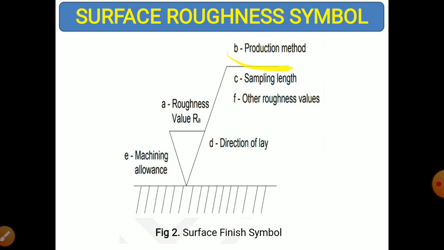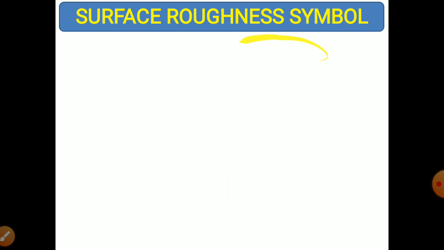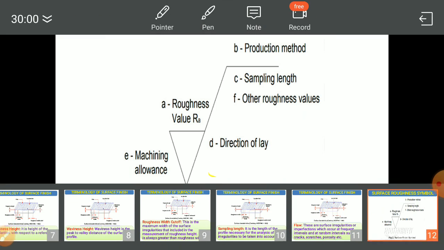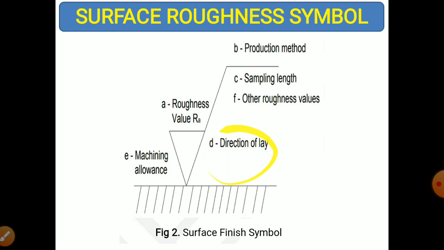Next is the production method, meaning what type of production method is used. That method you need to mention above this line, and below this line the sampling length and other roughness values. Whatever sampling length you have considered and other roughness values need to be written below this horizontal line. And here you need to write the direction of lay.